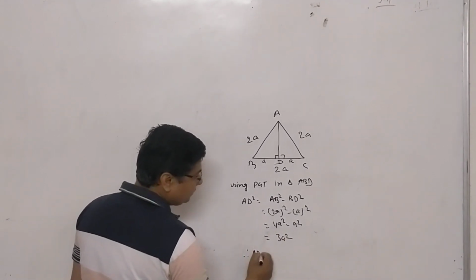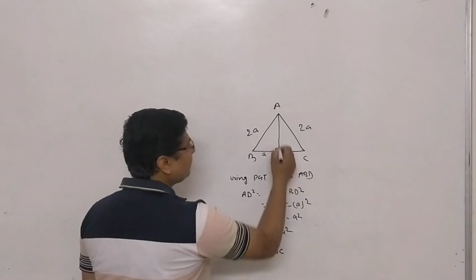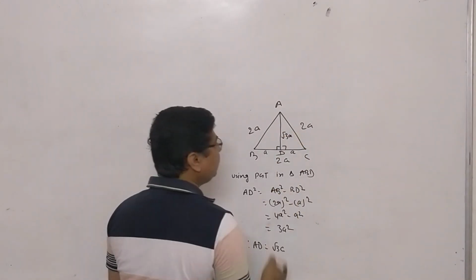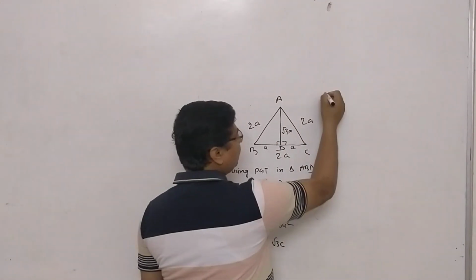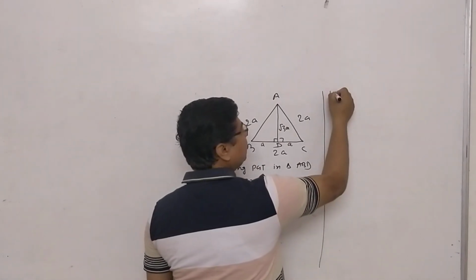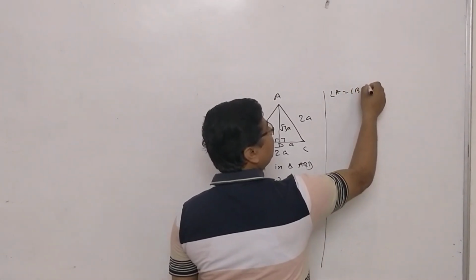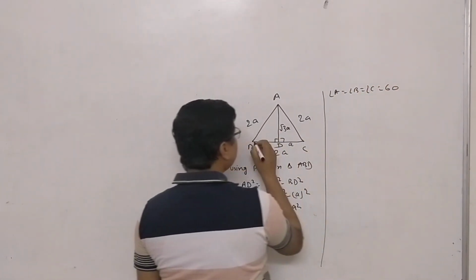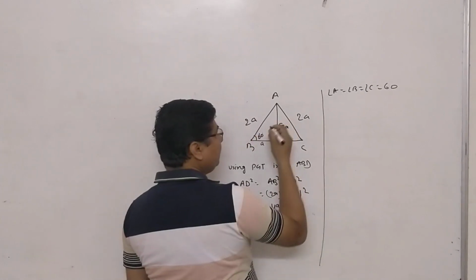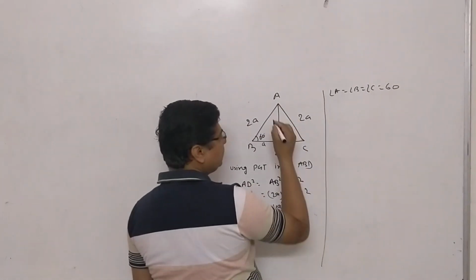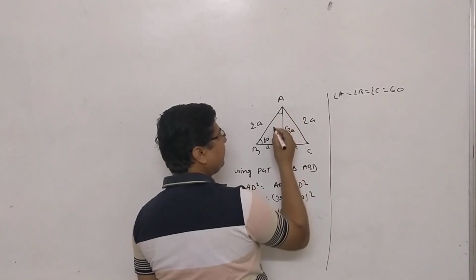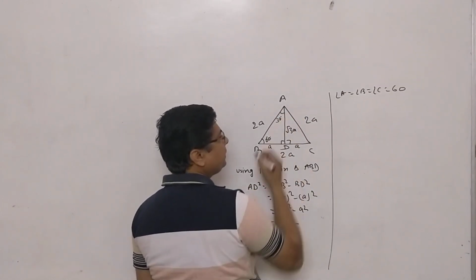Therefore AD equal to root 3A. You know that all the angles of equilateral triangle are equal. That is angle A equal to angle B equal to angle C equal to 60 degree. So mark this angle as 60. Now using angle sum property of triangle, we can find angle A, that will be of 30 degree.